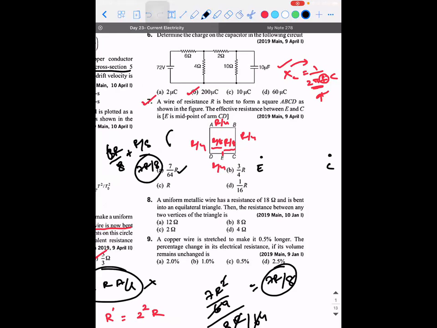In the clockwise direction, how many points do we encounter to reach C from E? You first go to D. From D, you go to A. From A, you go to B. From B, you come to C. So D, A, B.